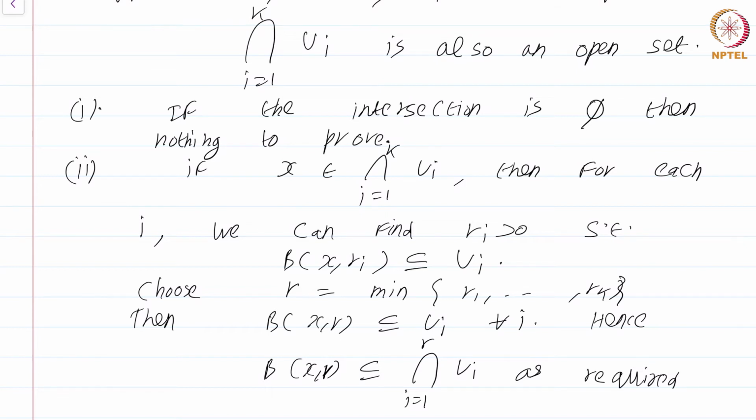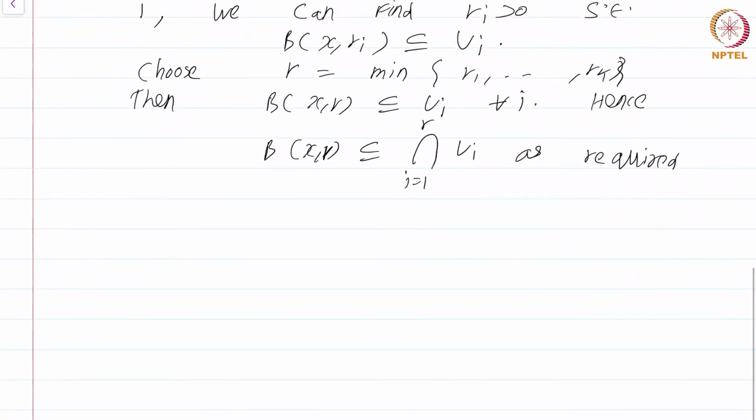Okay, so the next question is, what about similar things for closed sets? Is a union of closed sets closed? Is the infinite intersection of closed sets closed? But before that, let's tie up the relationship between closed sets and open sets neatly in the next proposition.